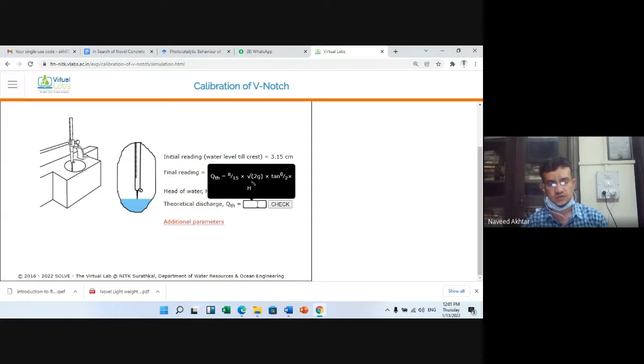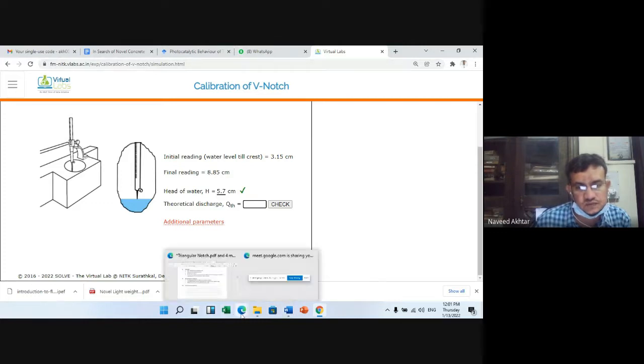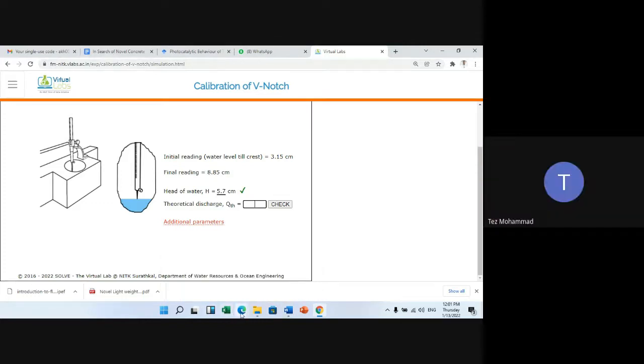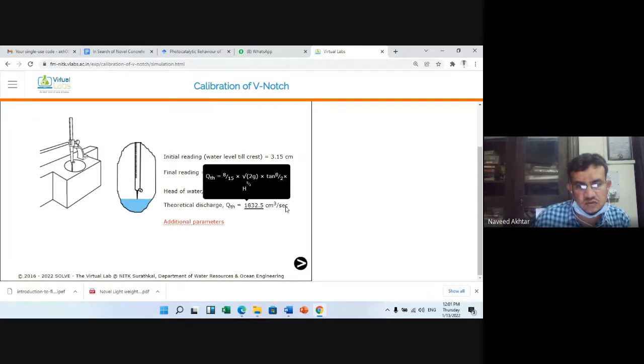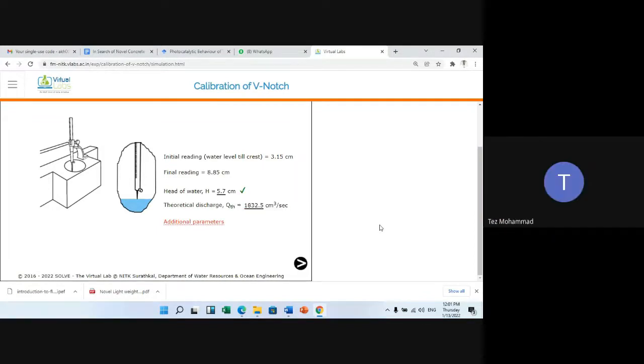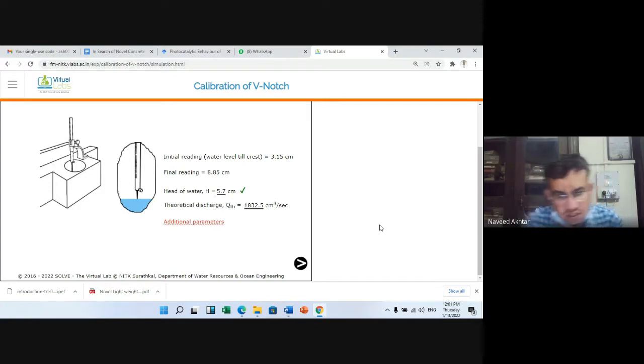Q theoretical कितना है? 1099.478. This is 1832. कंसीडर करेंगे ना, हाँ CD की वैल्यू 0.6. Theoretical value of coefficient of discharge for V notch और rectangular notch. ठीक है. They are calculated 1832, no issue.